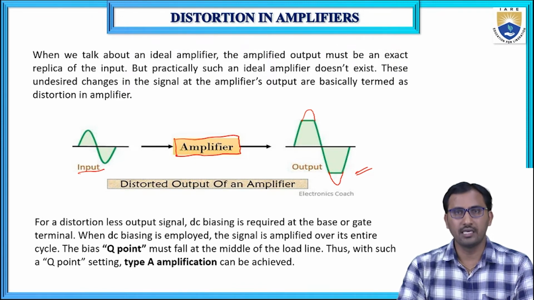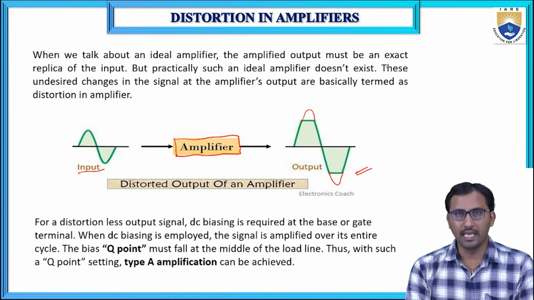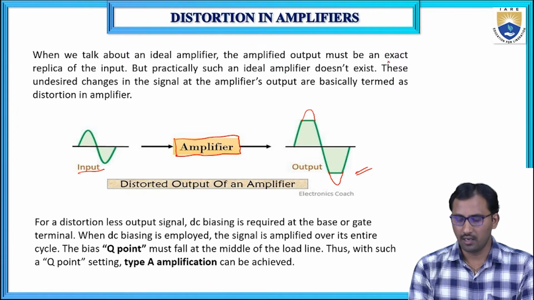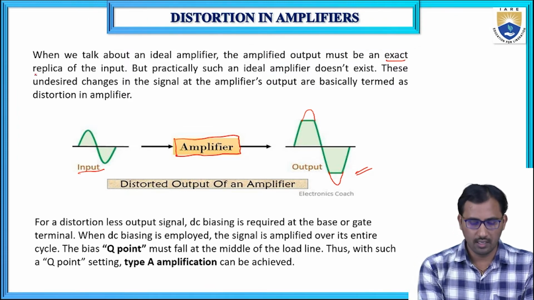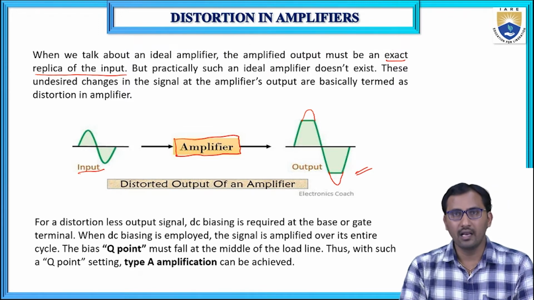That variation is called distortion. The amplified output must be an exact replica of the input. So ideally, the output of the amplifier should be similar to the input waveform. But in practice, due to these different factors, the output voltage may not be similar to the input. That is called distortion.